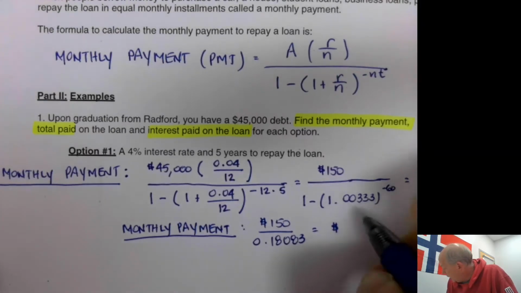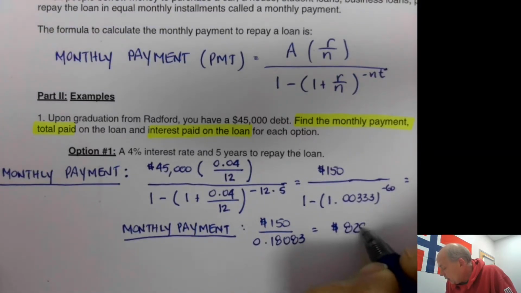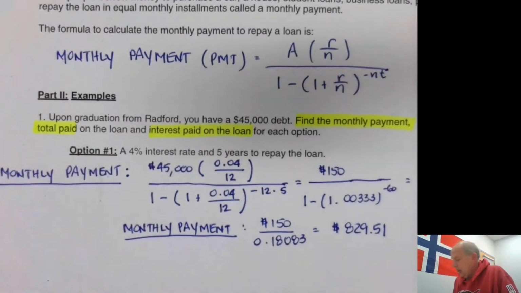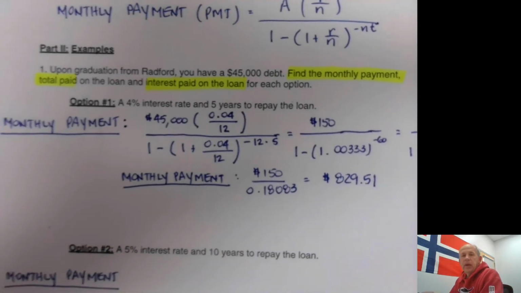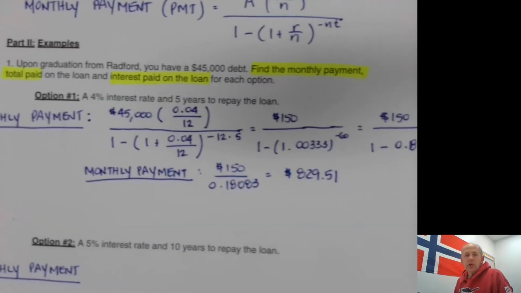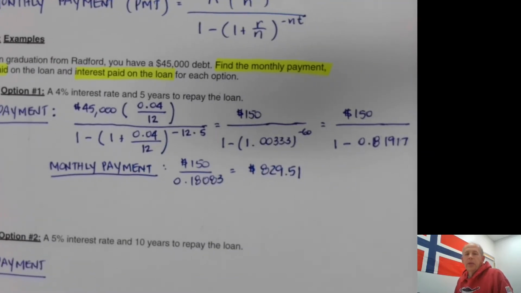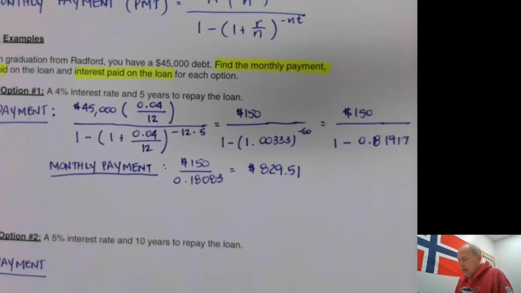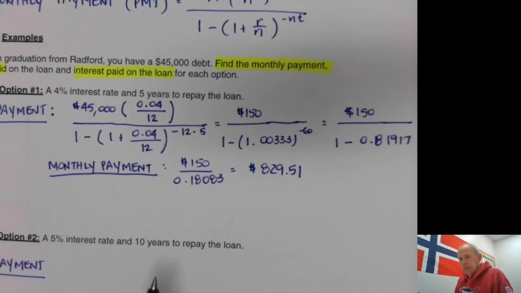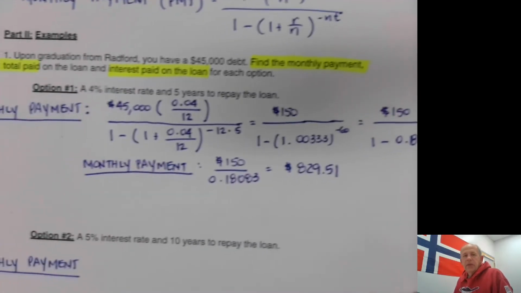Their monthly payment, $829.51. So there is their monthly payment given the conditions from start to finish using that formula for 45,000, 4% over 5 years. So that takes care of the monthly payment.